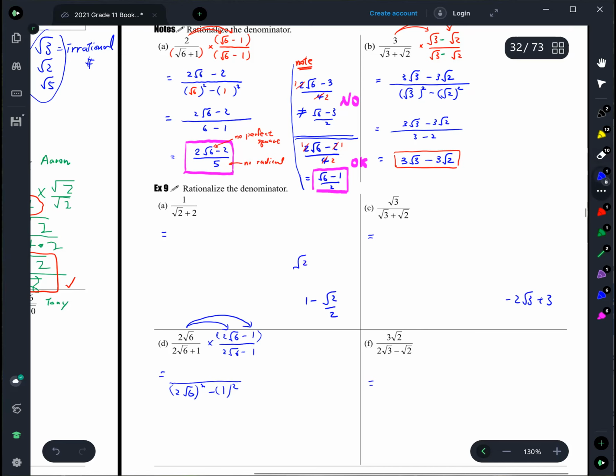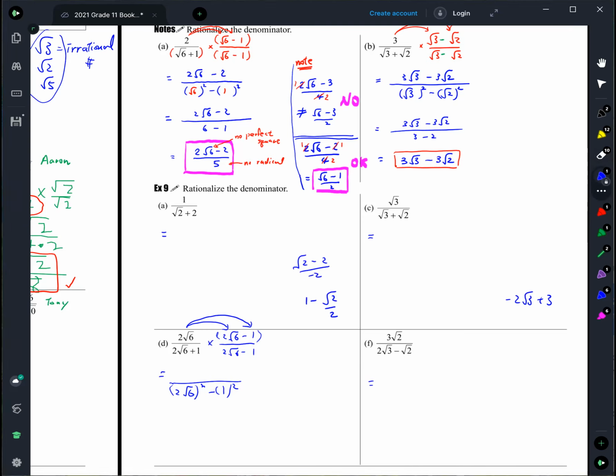Root 2 minus 2 over negative 2. Wait, Mr. Jason, I think Jeffrey's right. I just redid the question and I got it wrong the first time. So root 2 minus 2 over negative 2. Okay, we'll go over that.